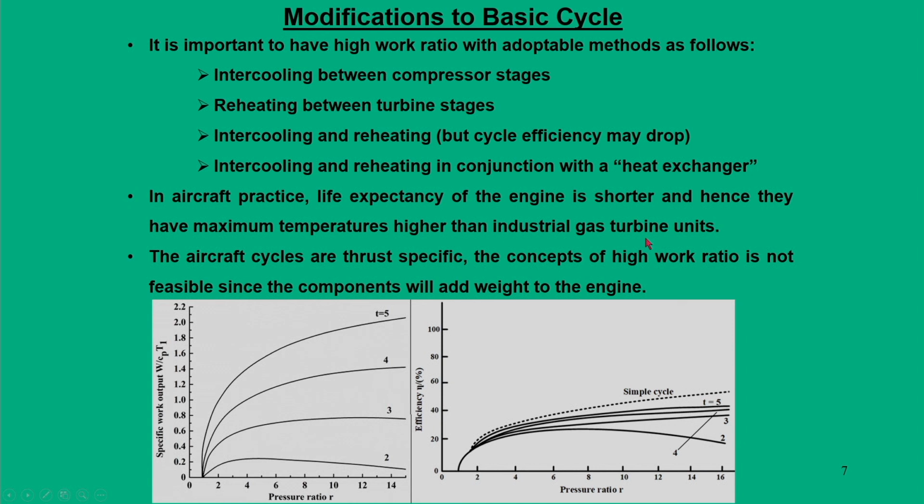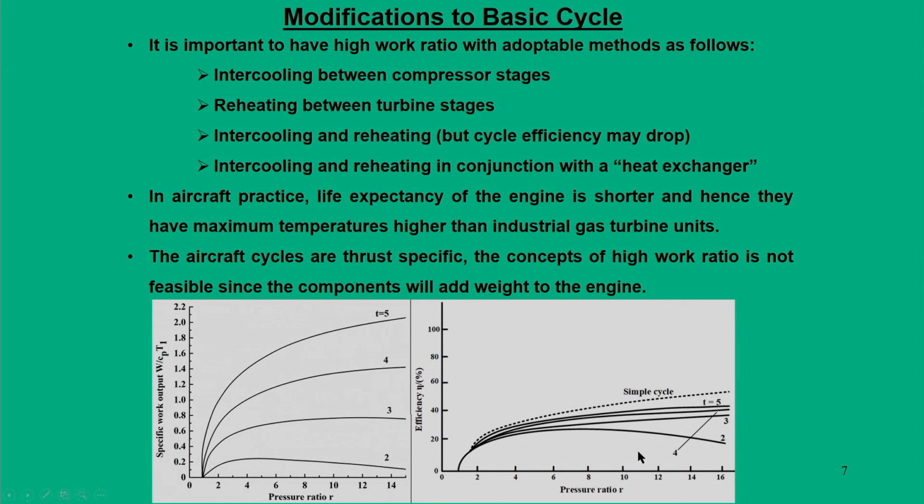Your main intention is the maximum high temperature, and since they are thrust specific, the concept of high work ratio is not feasible. Since you are not concerned with high work ratio, the intercooling and reheating concept is not part of the aircraft cycles. Their aspect is something different, which we will see later.